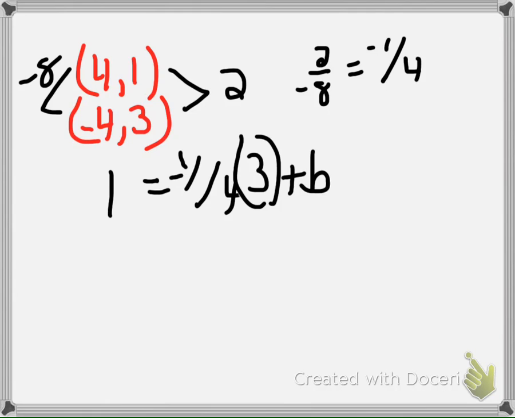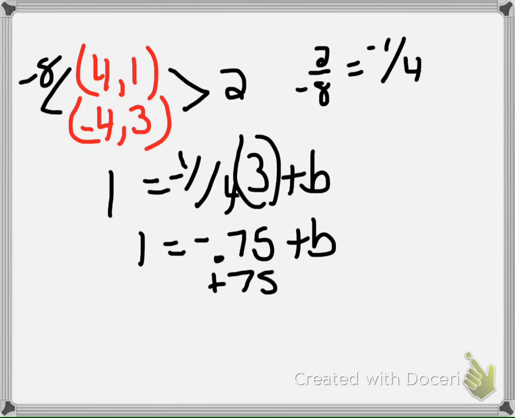And if we do negative 0.25, which is really negative a fourth, times 3, we get negative 0.75. So 1 equals negative 0.75 plus b. Now this is interesting. I know this isn't what I got before. We add 0.75 to both sides.